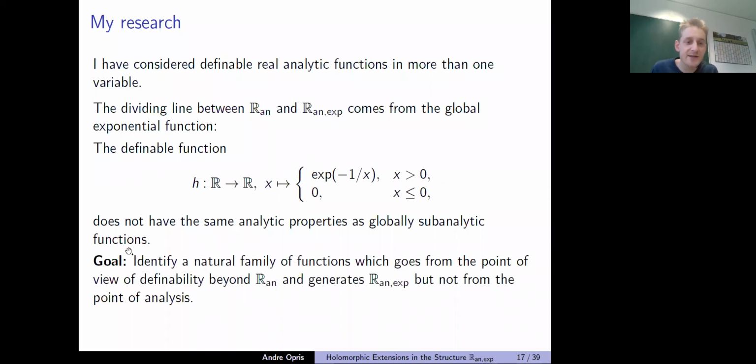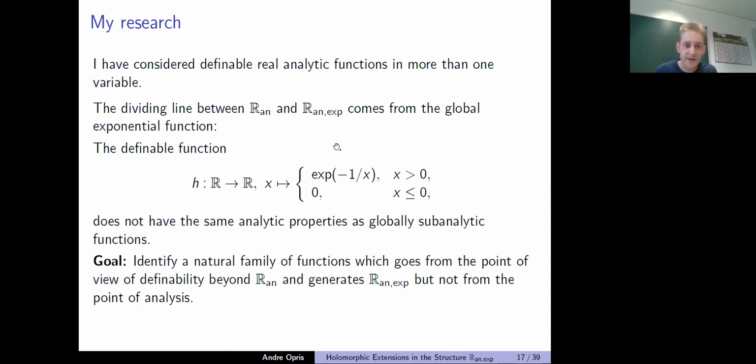The idea is that we identify a family of functions which, from the point of view of definability, goes beyond R_an and generates the structure R_an^exp, but not from the point of view of analysis. If you look at this function, we get problems, for example, with strong quasi-analyticity at the point 0, where the argument of this exponential function goes unboundedly into the game.